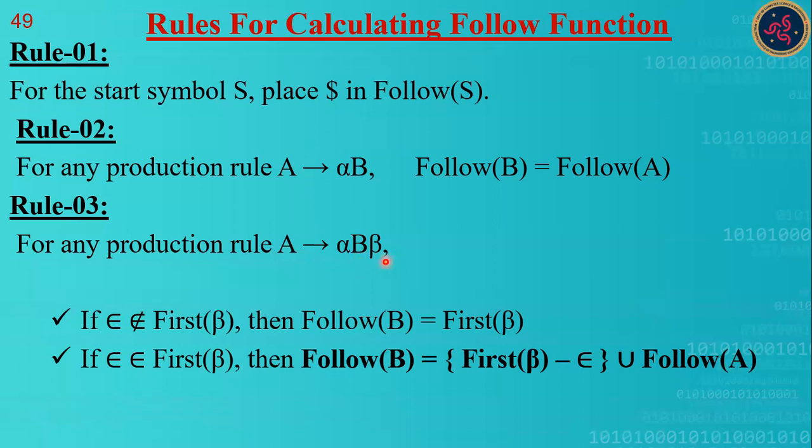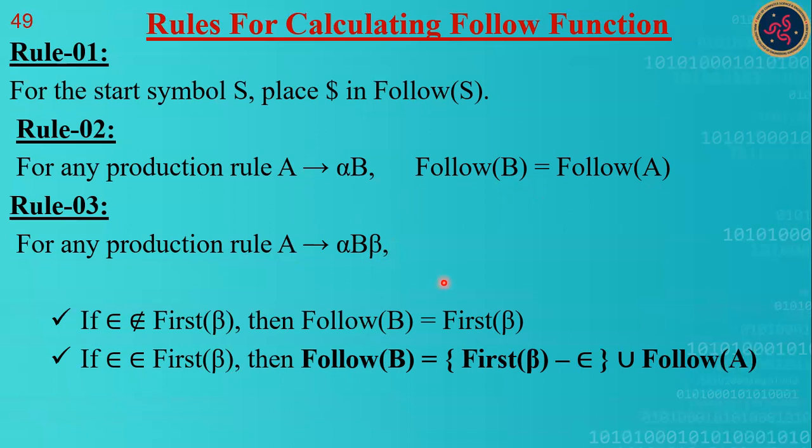If epsilon is not an element of first of beta, where beta can be a non-terminal as well as a terminal, then consider the other case. If beta is epsilon, then B will be the last element, right? So again it follows rule number 2, that is, follow of B will be follow of A.